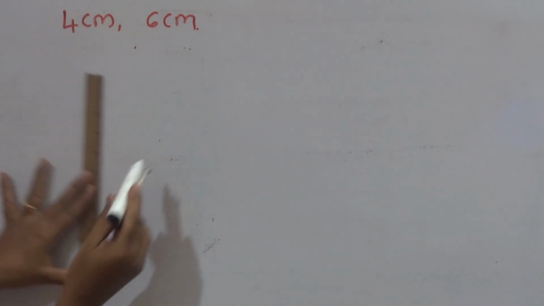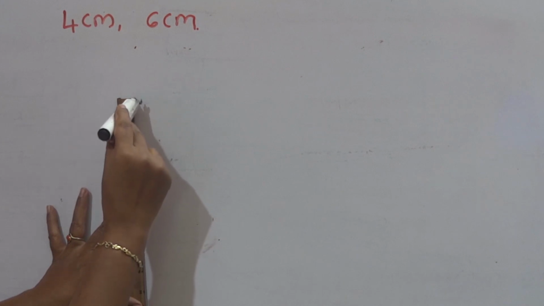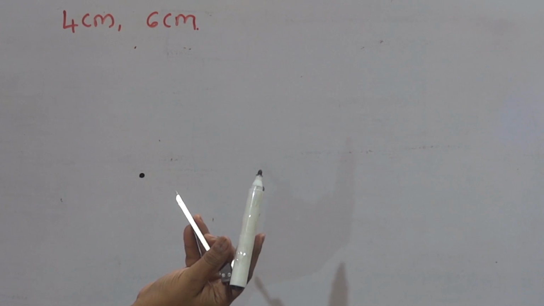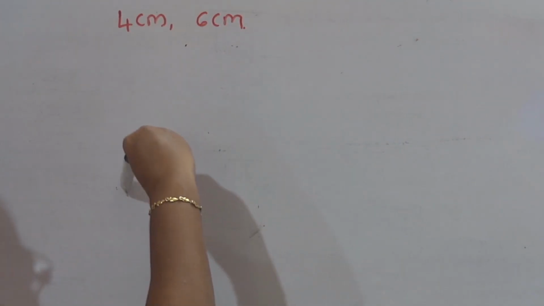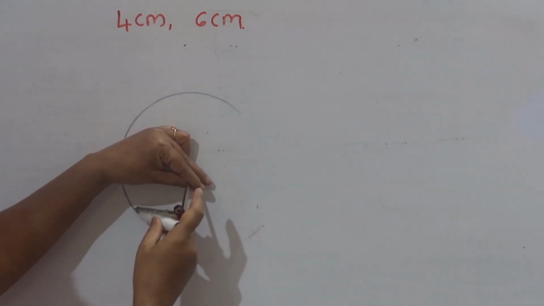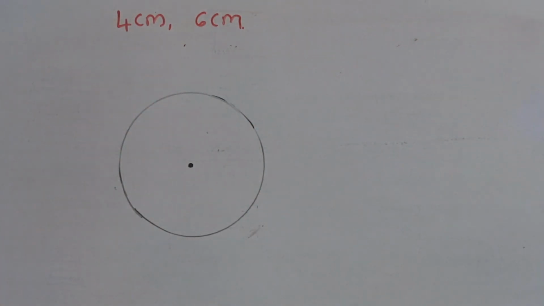Let me take the radius of 4 cm here. It means the distance between the compass needle and the pencil should be 4 cm. This is a circle of radius 4 cm.